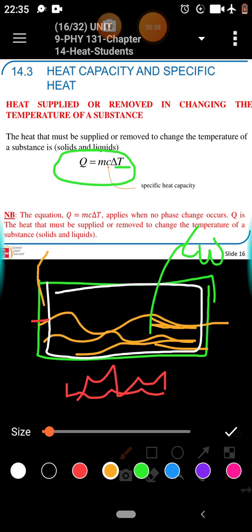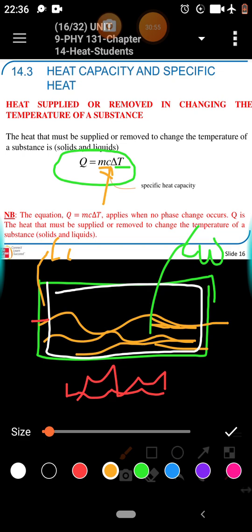In that case, you need the specific heat, let's call it C_C, of this, maybe a copper pot or something. You'll use that here and calculate the energy transfer.